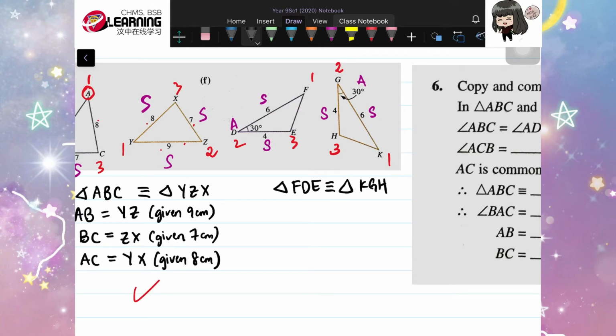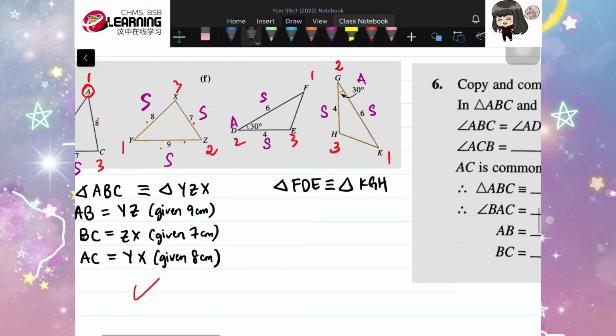Then the reason is SAS. You list all down 3, must be 3. So the first S, I will write FD equals KG, which is given 6 cm.